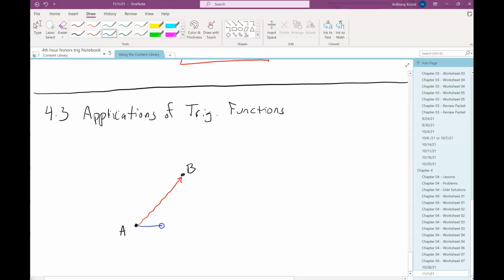Or we could describe going from point A to point B by going some amount to the right and then some amount straight up. Both sets of directions are going to get us to point B.